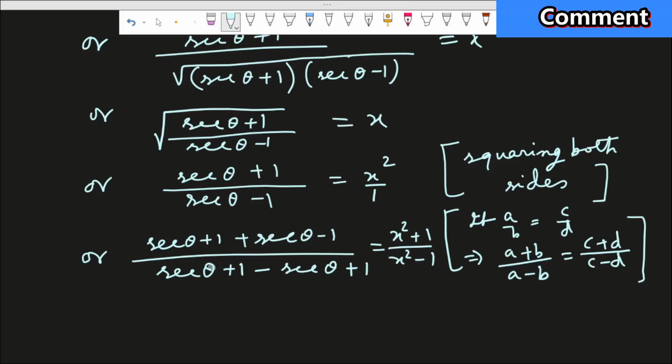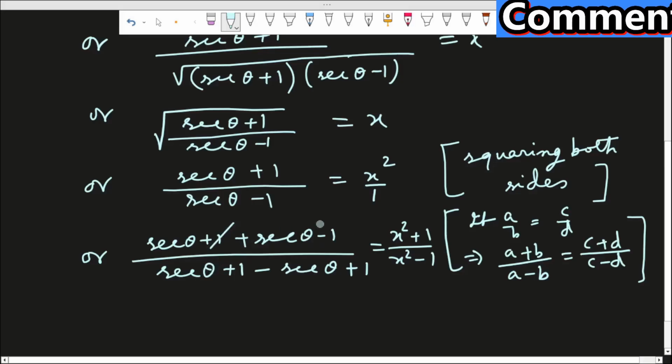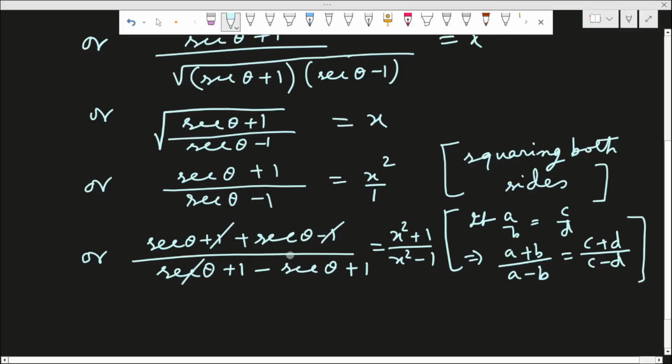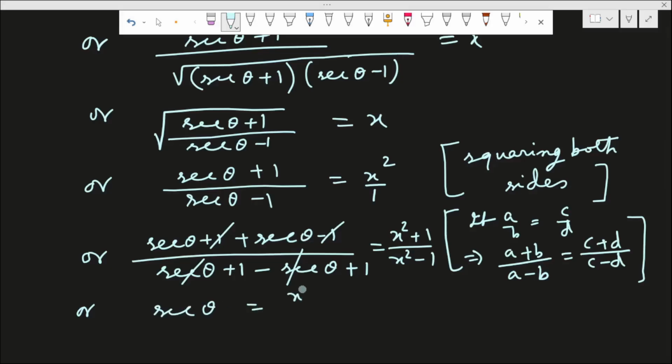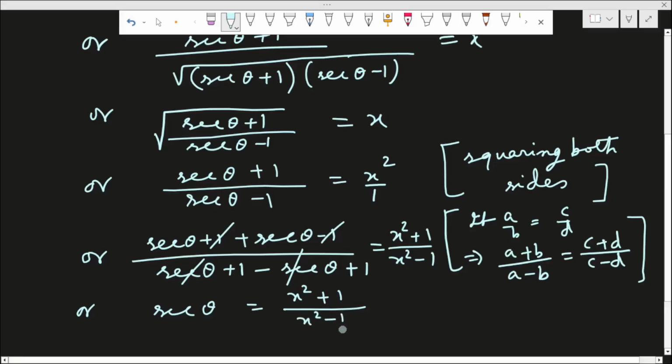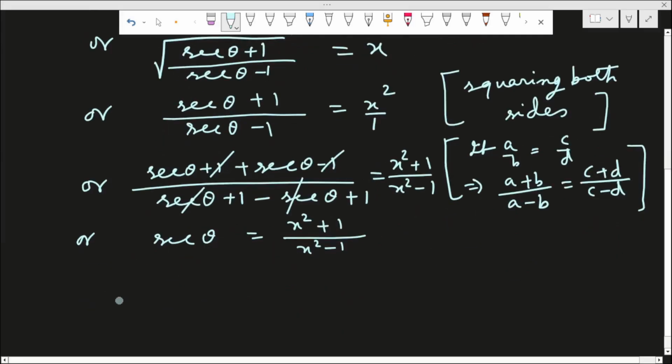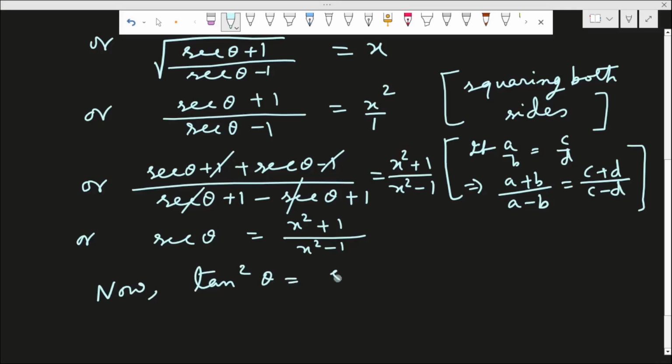See, plus 1 minus 1 will get cancelled, and sec theta by 2. Finally, we may write sec theta is equal to x square plus 1 by 2. Now, tan square theta is equal to sec square theta minus 1. Name it equation 1.